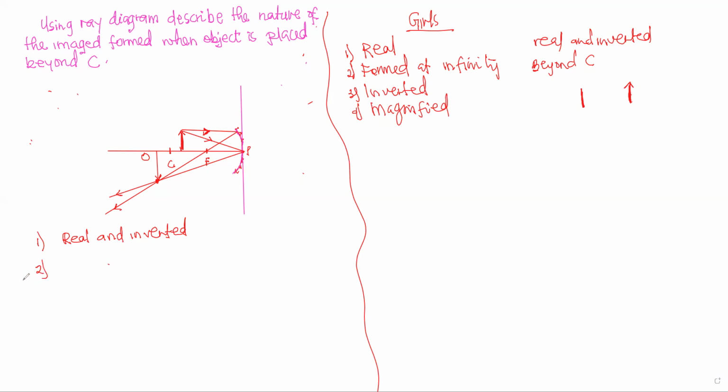Then I can also say that the image is magnified. Here, the size of the object compared to the image is larger, so magnified. Then I can also say that the image is formed beyond C.